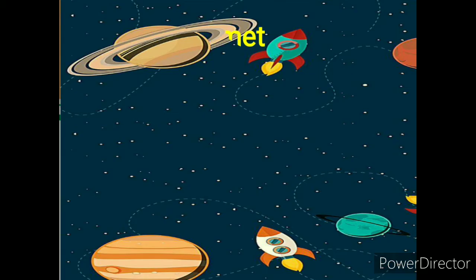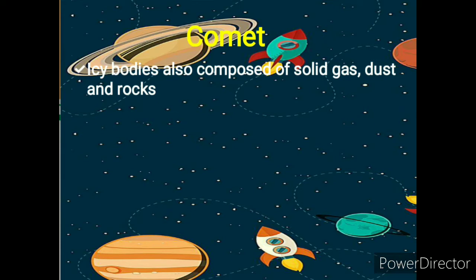Okay, what else? Now let's go with their differences, their uniqueness, their characteristics. A while ago, we talked about their similarities, and now we're going to talk about how they differ from one another. First, let's go with comets. Comets are icy bodies.